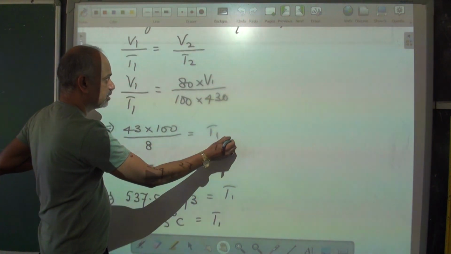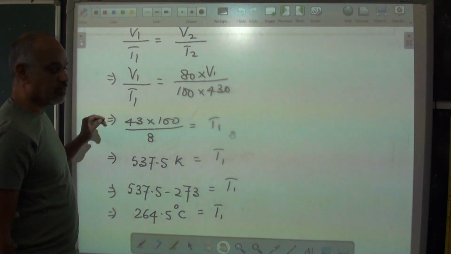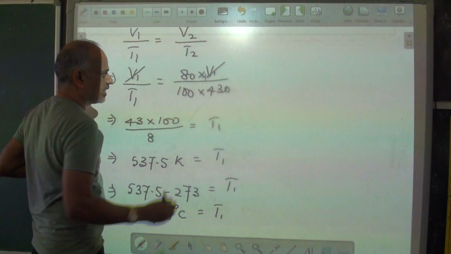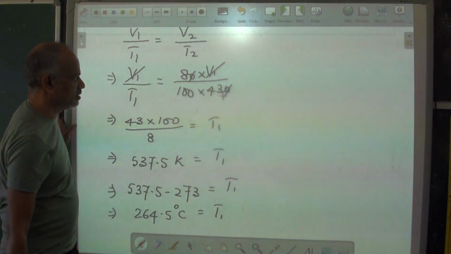To simplify, look at this one. You can cancel a few things. This V1 and this V1 get cancelled. You can cancel a 1 0 here, and a 1 0 here.